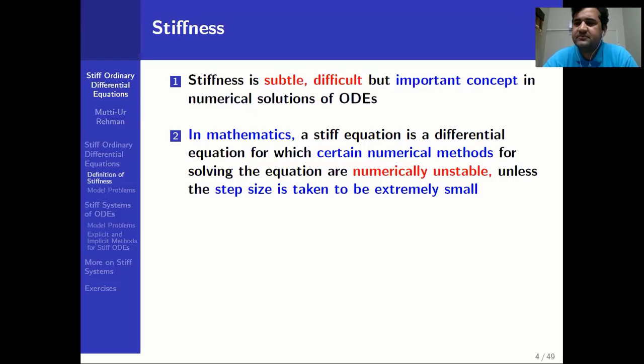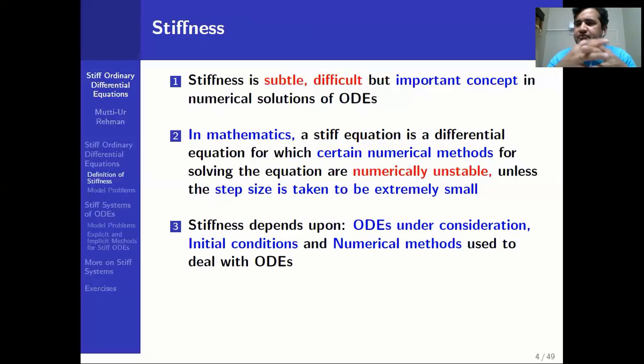In mathematics, a stiff equation is basically a differential equation for which certain numerical methods are unstable, unless, of course, you take the step size to be extremely small, and in that case maybe you are in a good position actually.